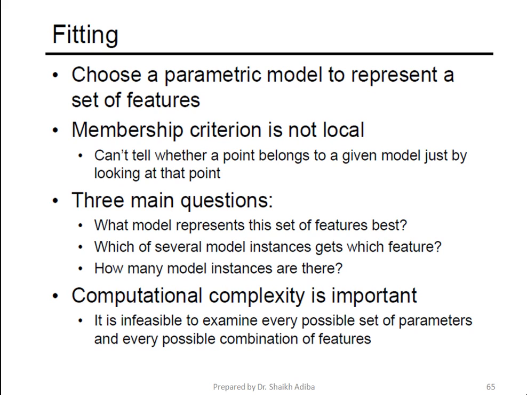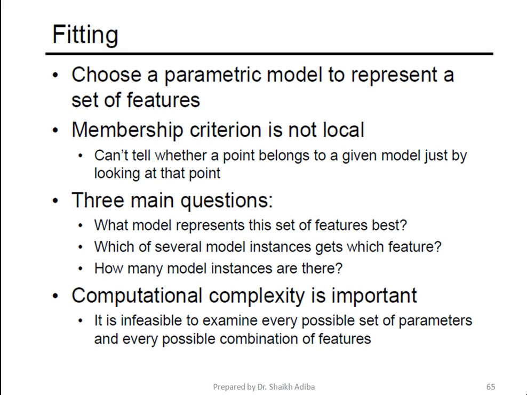Okay, now there are three main questions that arise. What model represents this set of features best? Among the set of models, which model is best applicable? You have to be very specific about this. Then, which of several model instances gets which features?